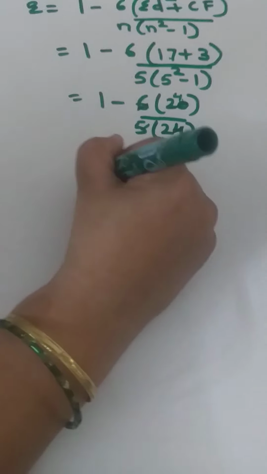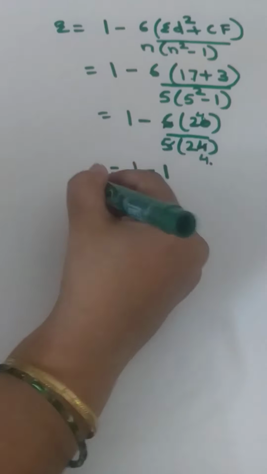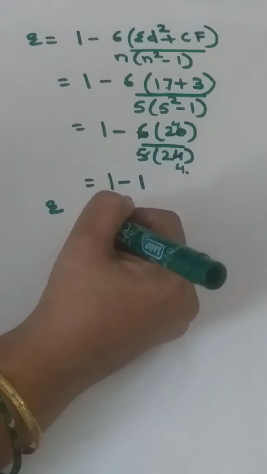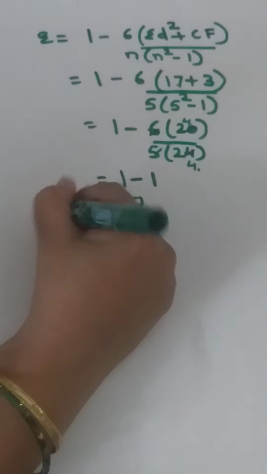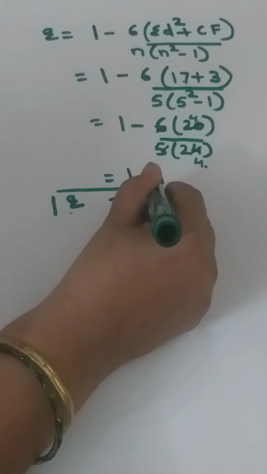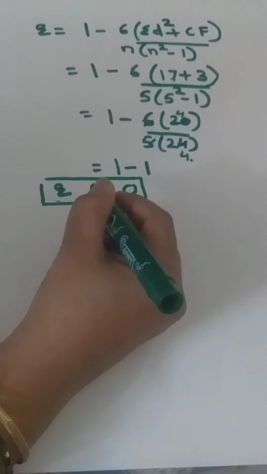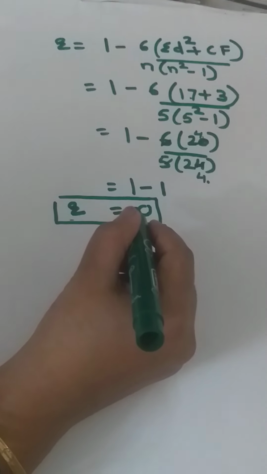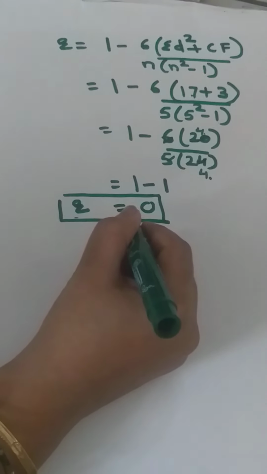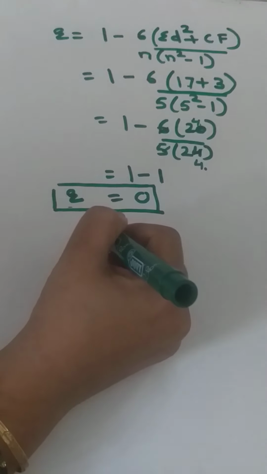Exactly, I will get 1 only. So it is 0. So r is equal to 0, that is, the rank correlation coefficient in this case comes out to be 0, which tells us that there is no correlation between the two variables.